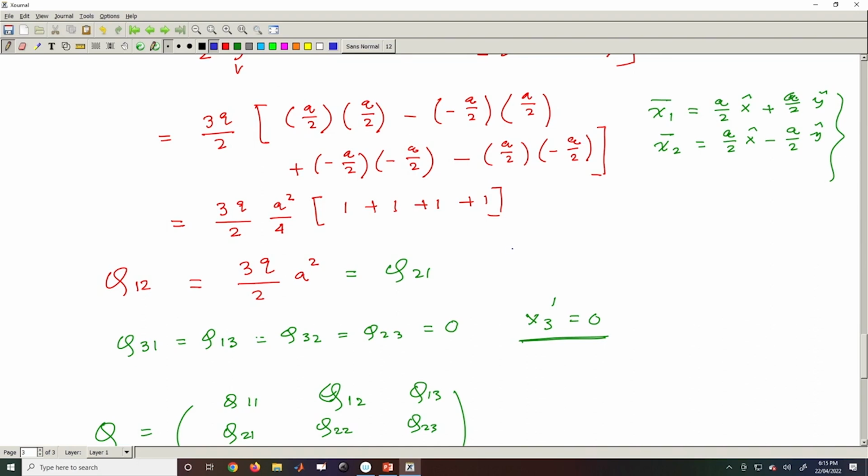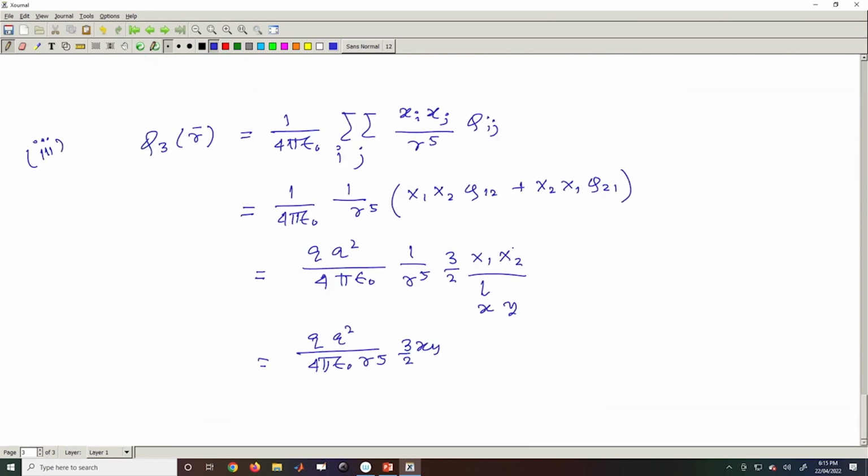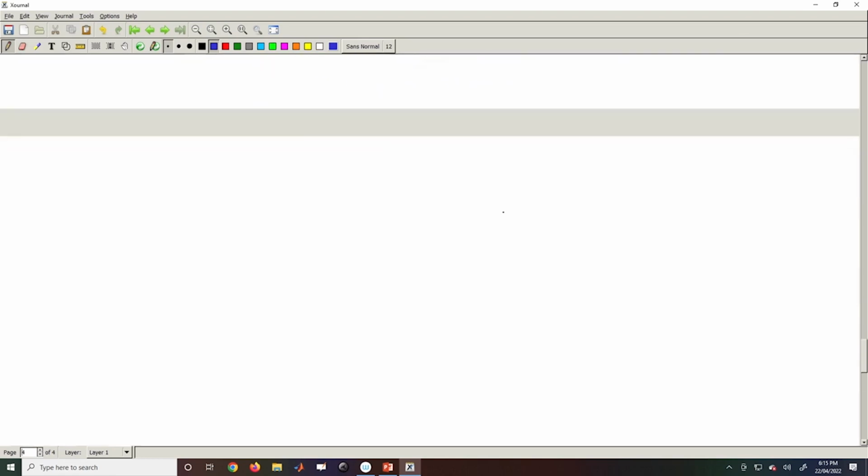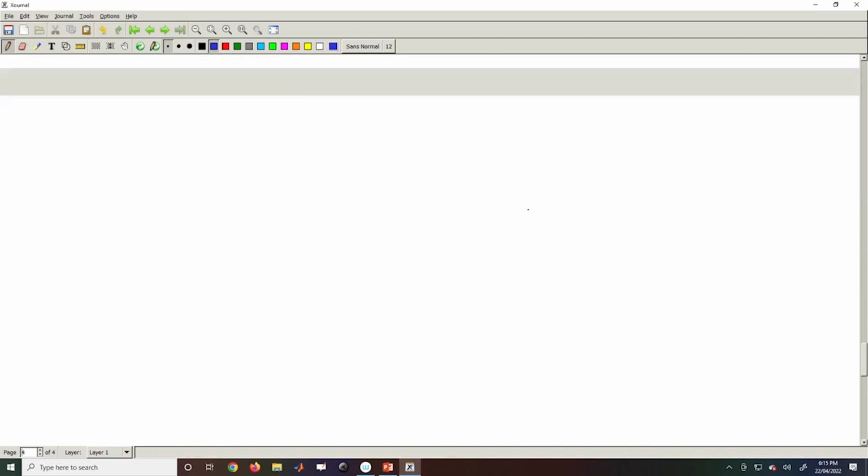Okay, so we are almost finishing our time, but quickly I would like to show another thing, and that is what happens for a single charge system. So, let us first calculate that.